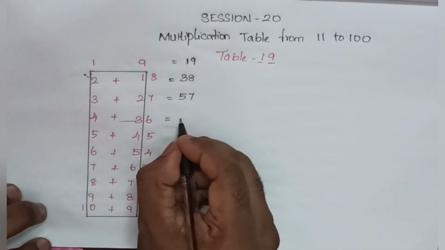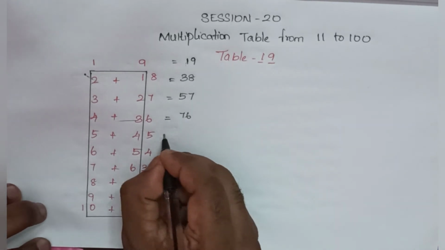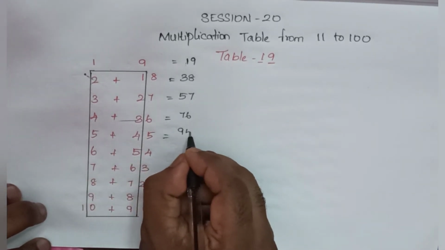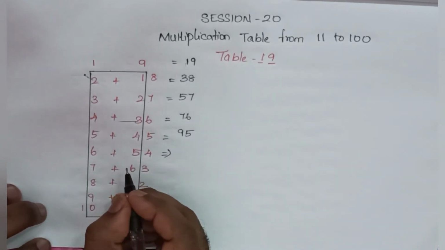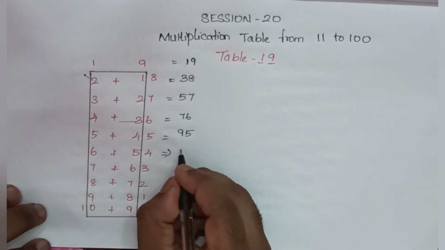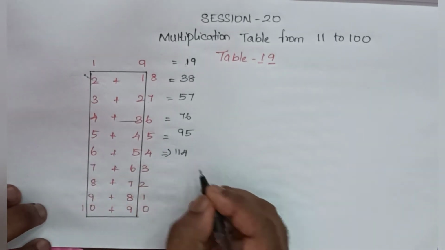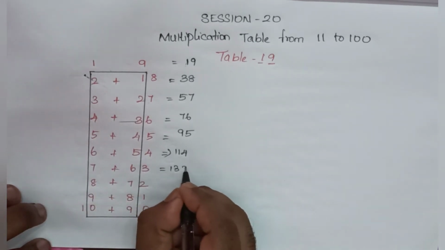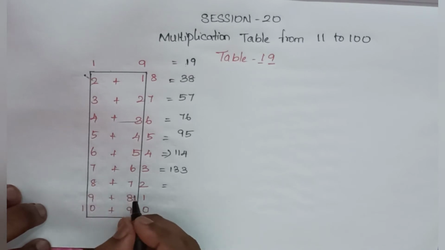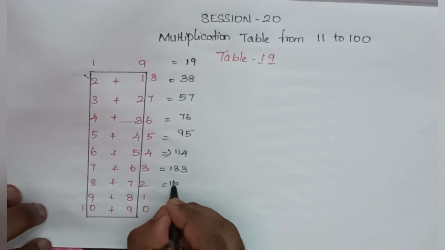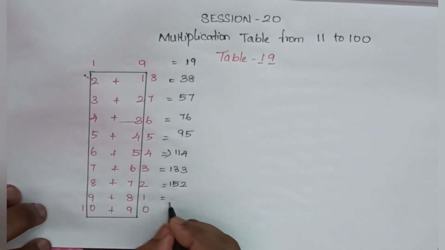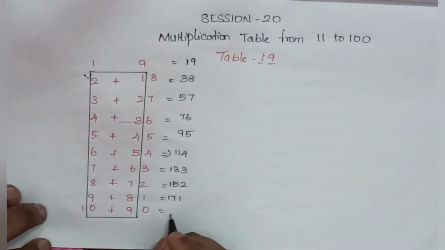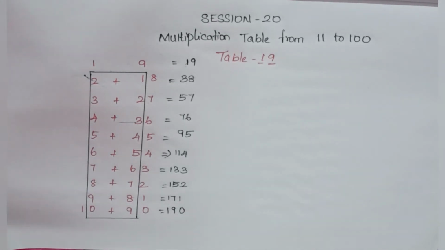Likewise 4 plus 3 is 7, 76. 5 plus 4 is 9, 95. 6 plus 5 is 11, 114. 7 plus 6 is 13, 133. 8 plus 7 is 15, 152. 9 plus 8 is 17, 171. Here 1 outside, 0 plus 9 is 9, put 0. That's all. This is the easiest way.